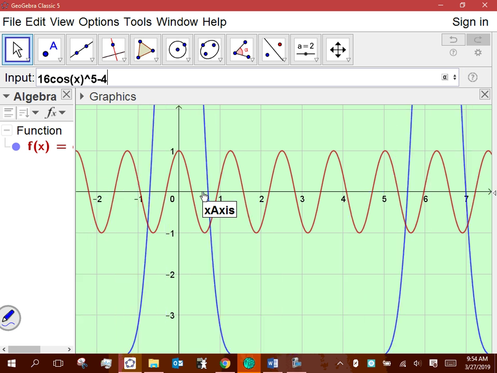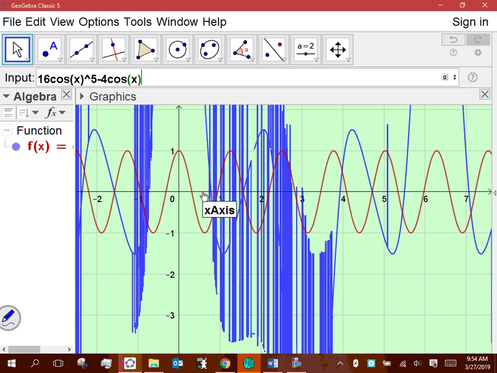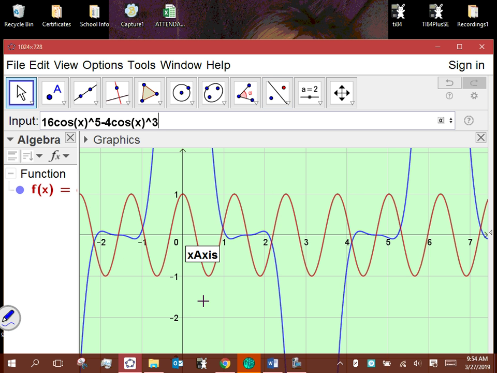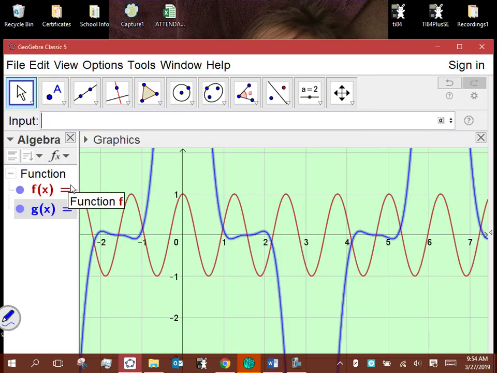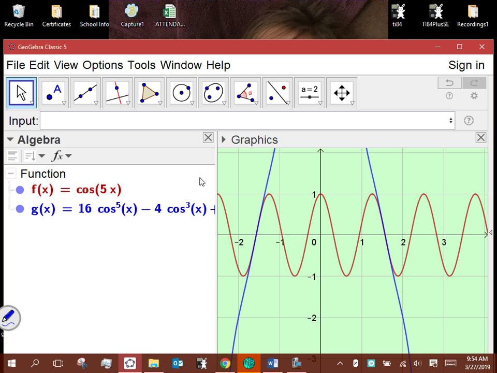Was it minus 4 cosine x to the third? And then plus 5 cosine. And we're wrong.